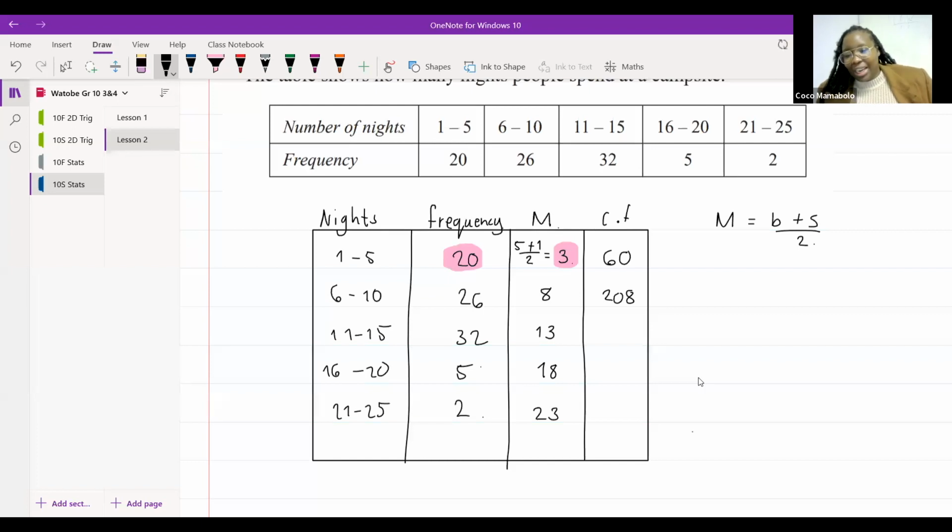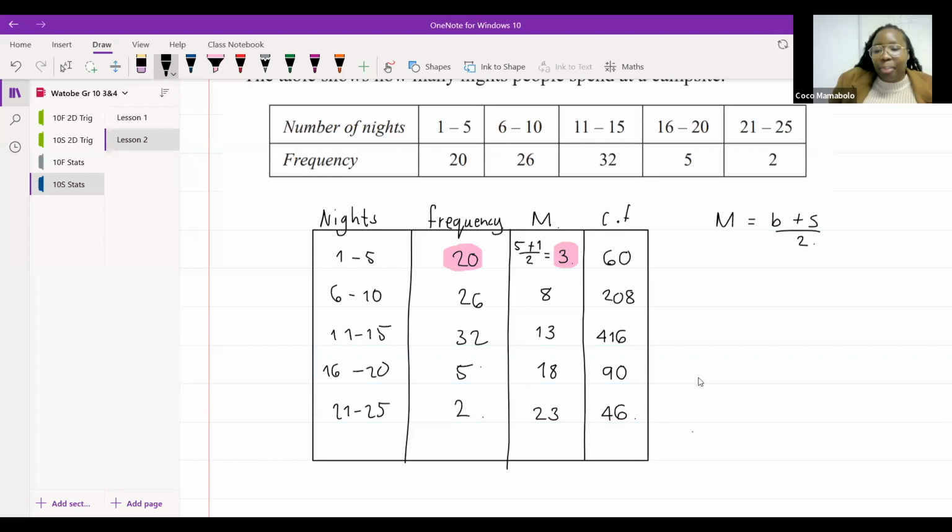I now realize that I shout at my boys all the time for coming to class without calculators. Look at me coming to a maths class without a calculator. 5 times 18 is 90. And 2 times 23 is 46.